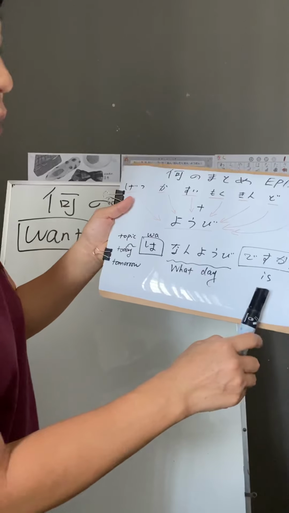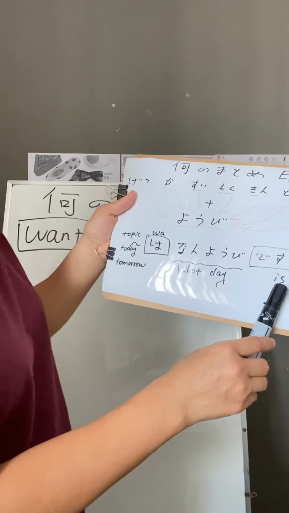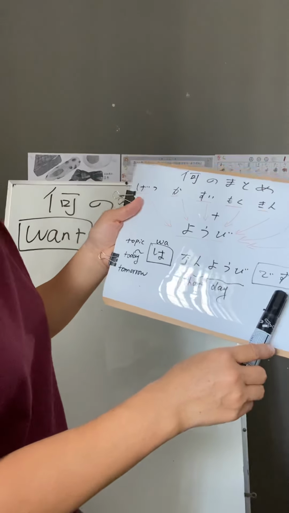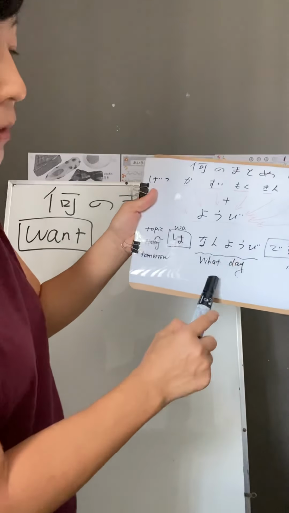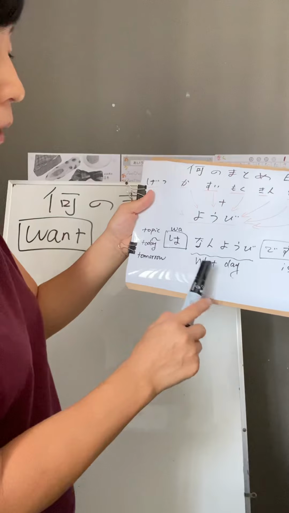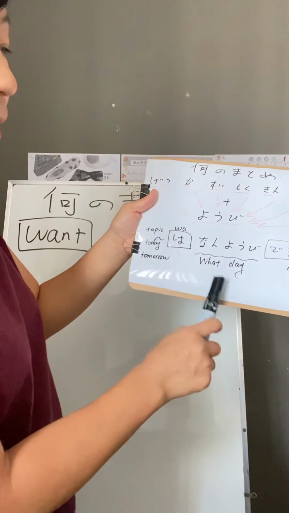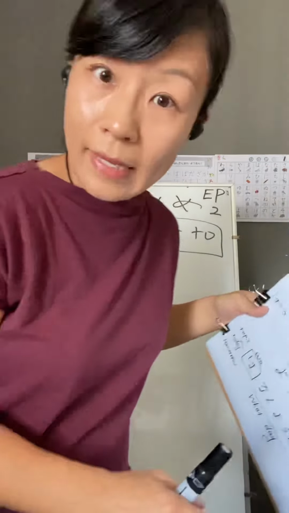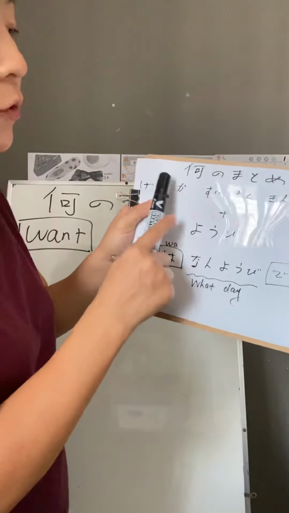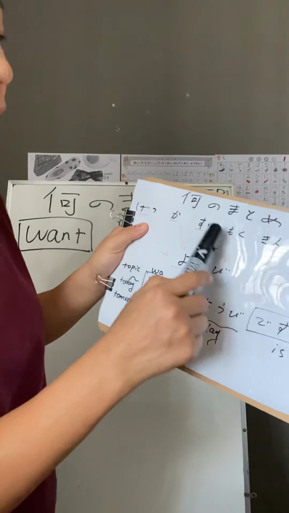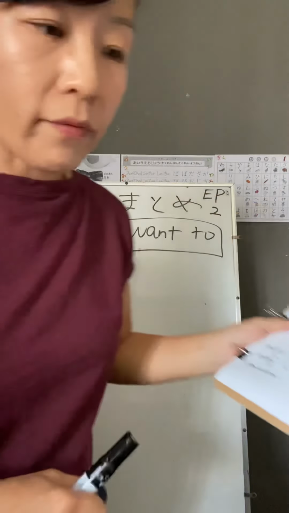For example, 今日は何曜日ですか? 今日は木曜日です. Thursday. 明日は何曜日ですか? 明日は金曜日ですね. Friday. いいですか? So 何のまとめ, episode 1. However, today we're going to talk about nani, okay?